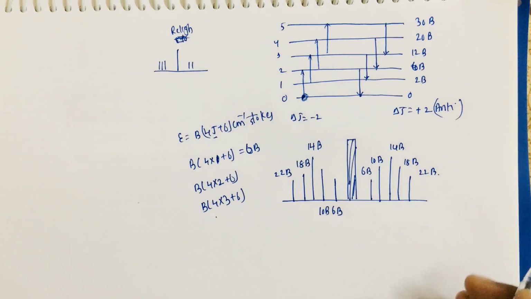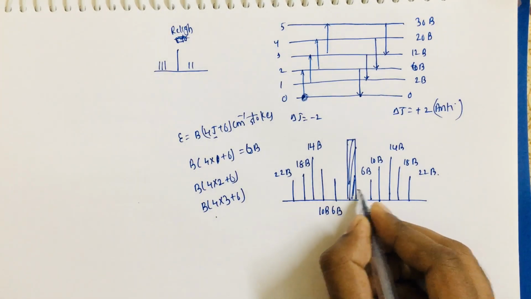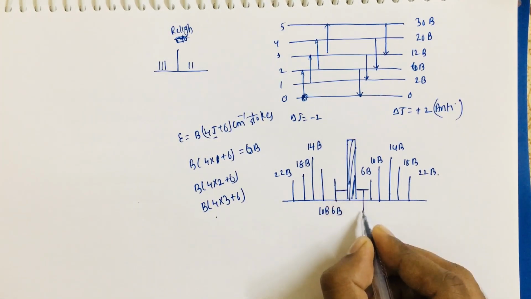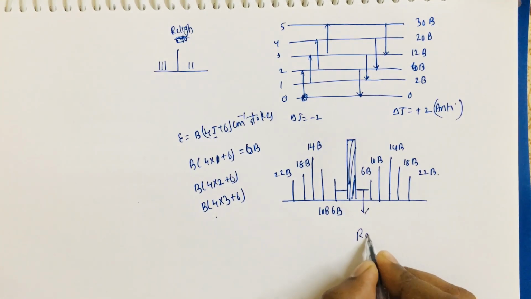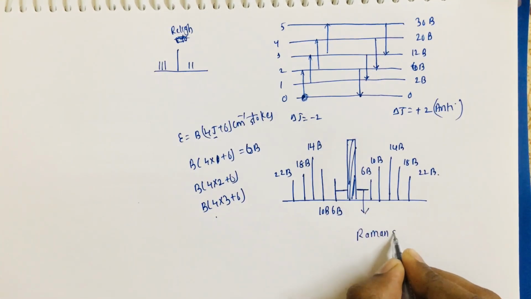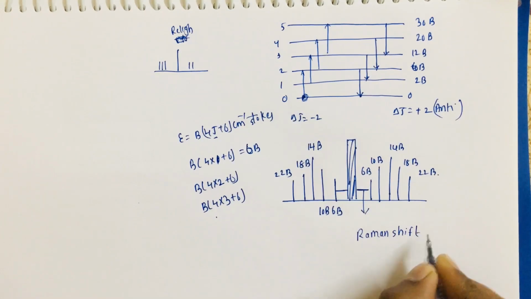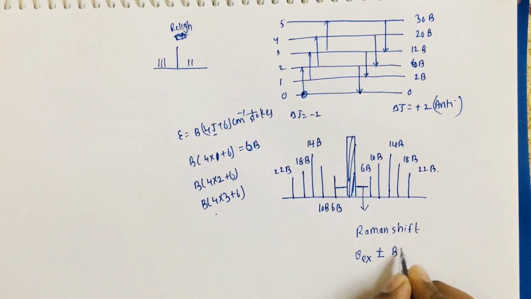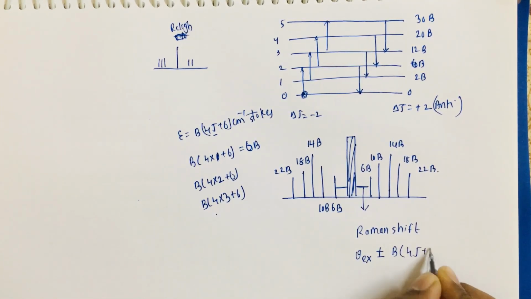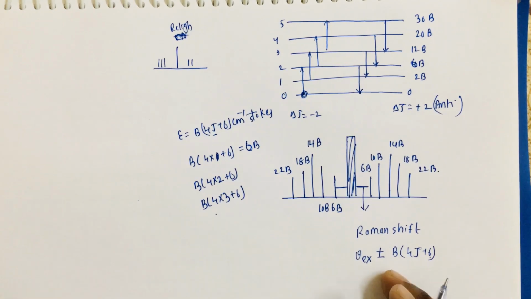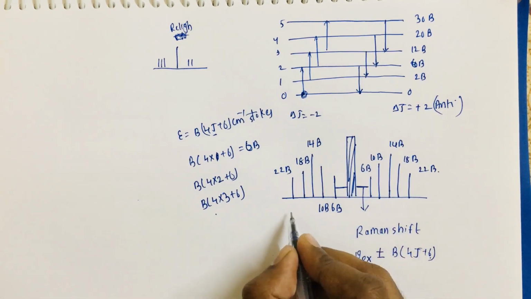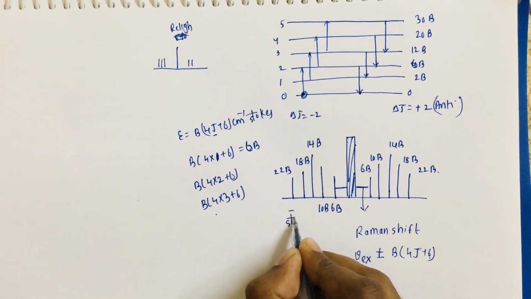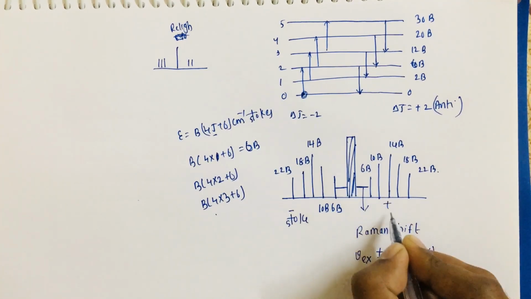Now the difference between these two and these two is called the Raman shift. This we can represent as nu_ex plus or minus B(4J plus 6). Why do we use plus or minus? We know that this is the negative region, these are Stokes lines, and this is the positive region, these are anti-Stokes lines.